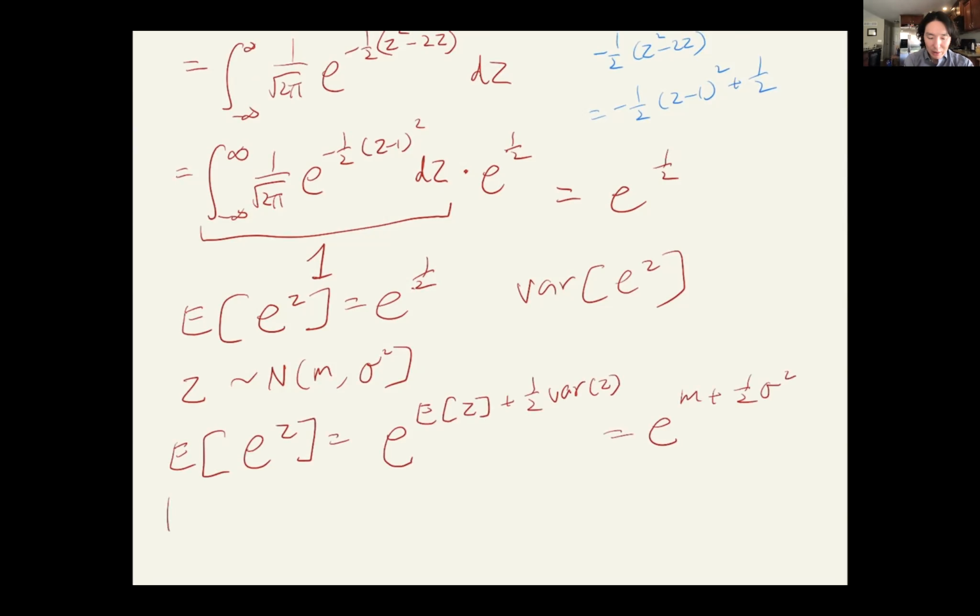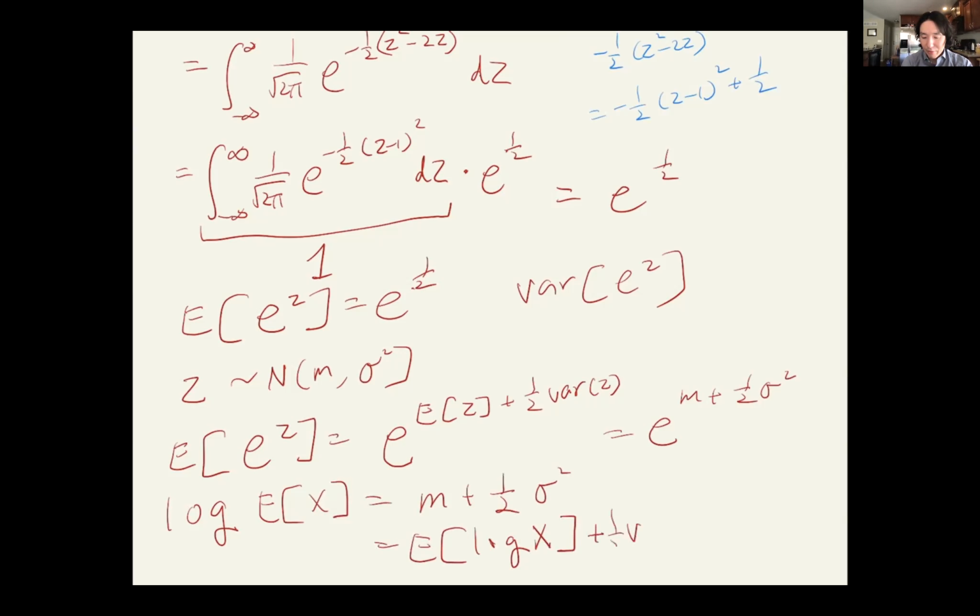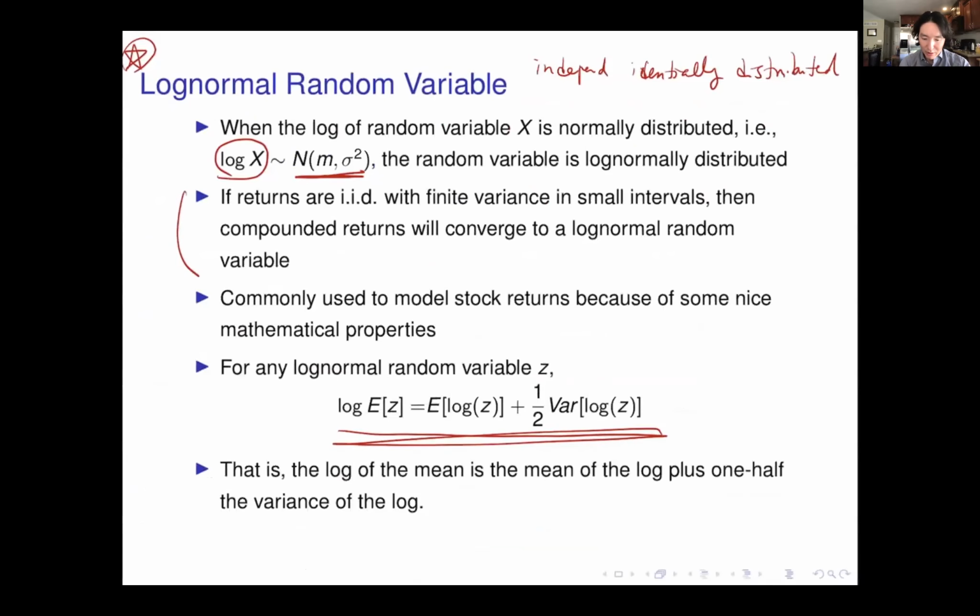In other words, log of the expected value of X is M plus a half of sigma squared. What is M? That is the average of log of x plus a half of the variance of log of x. Very, very important result.